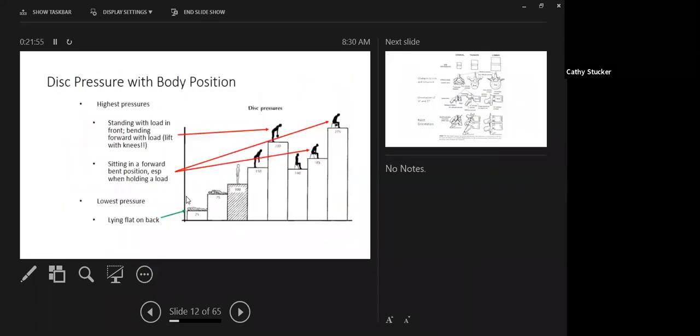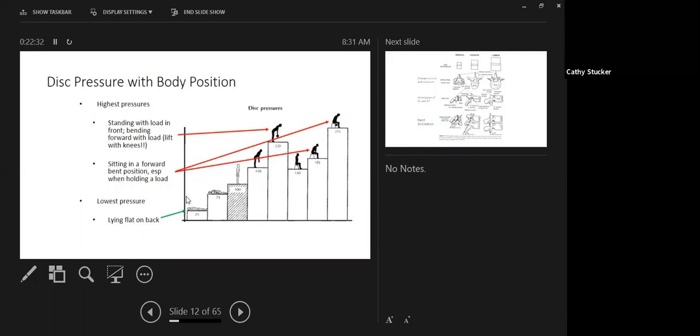There have been some studies on disc pressure and when the disc pressure is the greatest. If you look at this chart, at 100, that's where they said standing upright with no weight or anything. This is where we're going to start the scale. It gets decreased pressure, obviously, when you take gravity out of the equation. When you lie down flexed, like the fetal position, you have more pressure in your disc than if you're lying flat on your back.